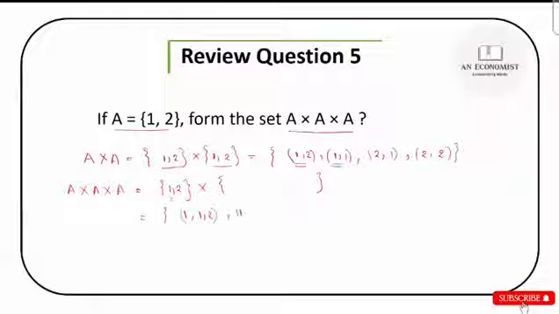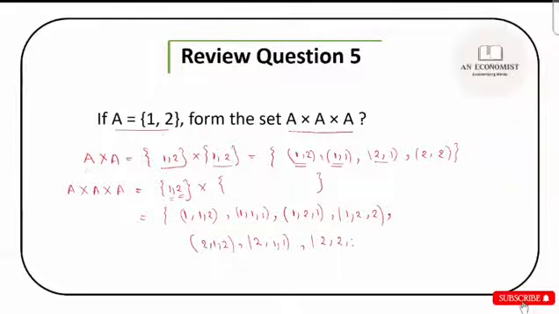So 1, 1, 1, 1 and this element. So 1, 2, 1 and 1 and this element. 1, 2, 2. Then start with this element. 2, 1, 2, 2, 1, 1, 2, 2, 1 and 2, 2, 2, right?